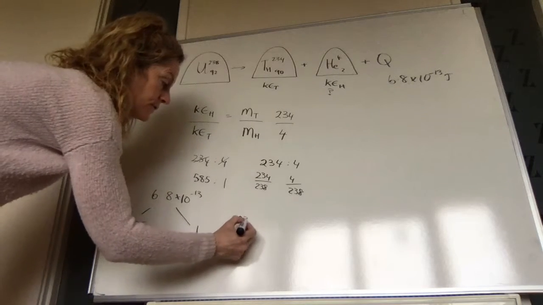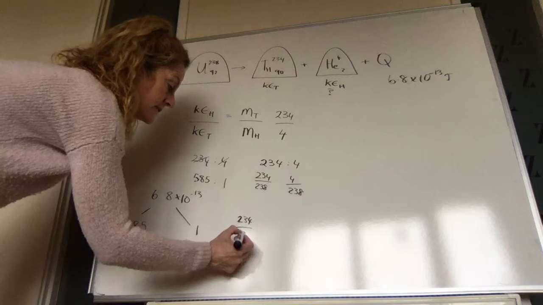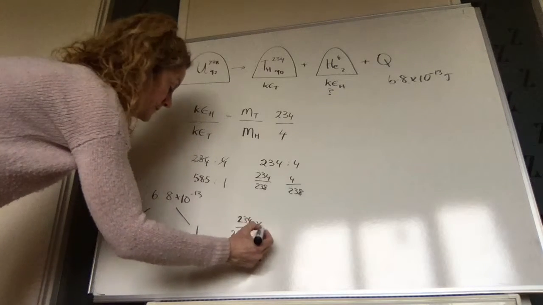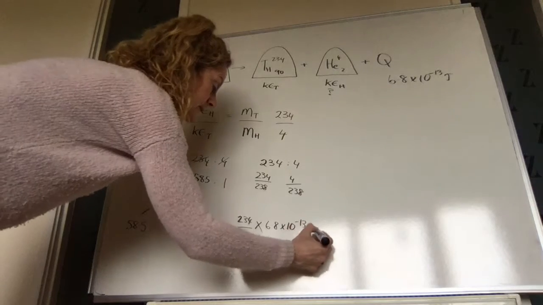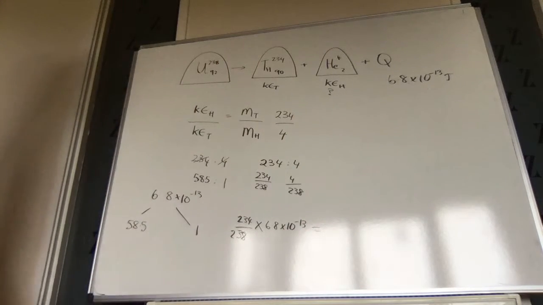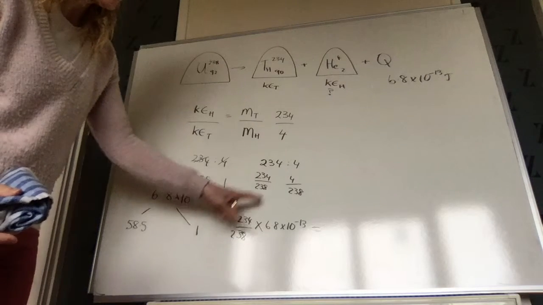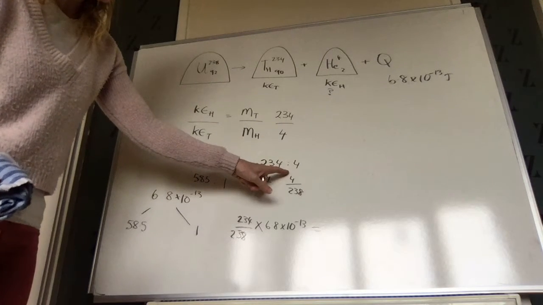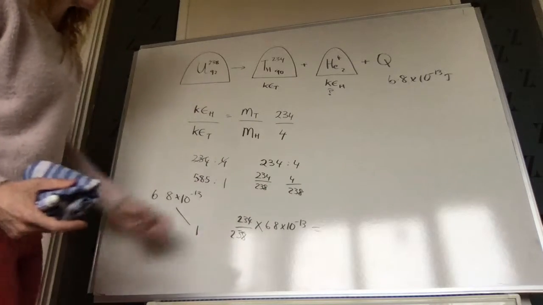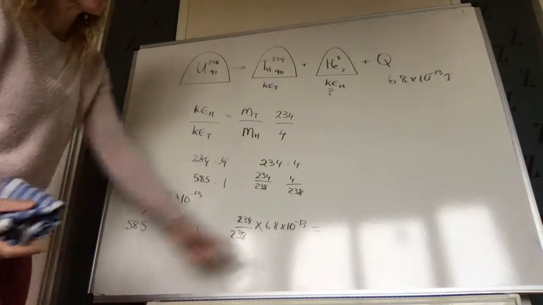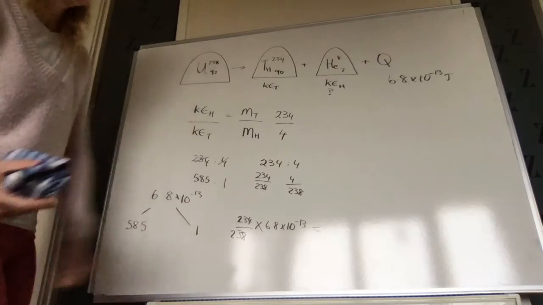So 234 over 238 of 6.8 by 10 to the minus 13 will give you the kinetic energy of the helium particle. If you want the kinetic energy of the thorium particle, you would take 4 over 238 of 6.8, or you take away the energy you just worked out for alpha from the total.